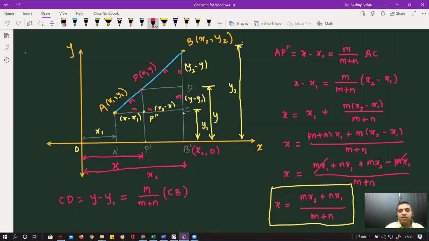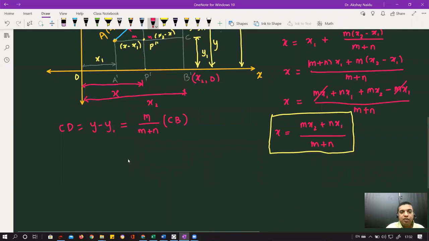Correct? Total length CB is, this is m is to n. So total length, if it is m plus n, this is m. So this length will be m by m plus n times CB. Basic ratio proportion. Now what is CB? m by m plus n times CB is y2 minus y1.